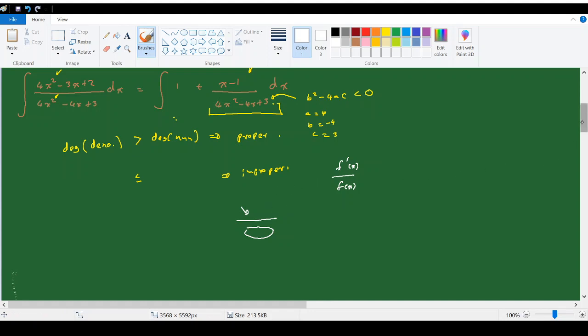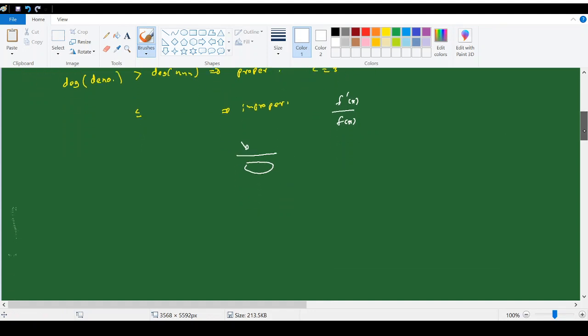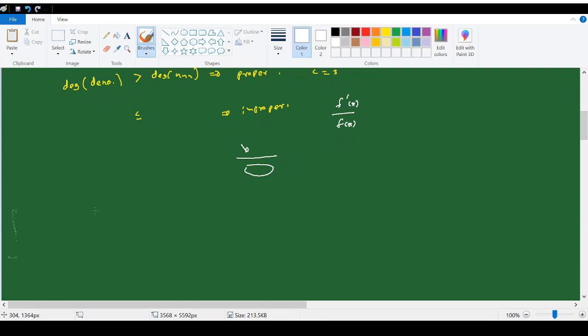Okay, so the method that we are going to do is we complete the square of the denominator. That means this is the denominator, okay? So can we write the denominator as a square? At once we can't, since this is irreducible, and if we were able to write it as a square of a certain thing, that means this has factors, right?